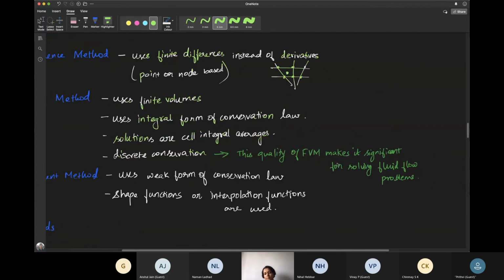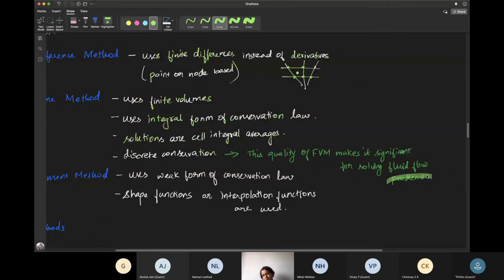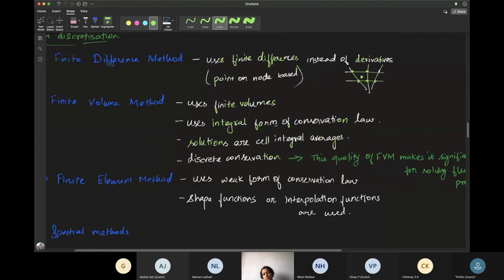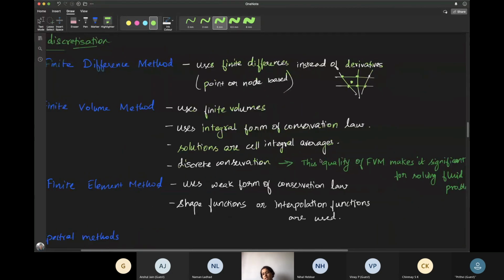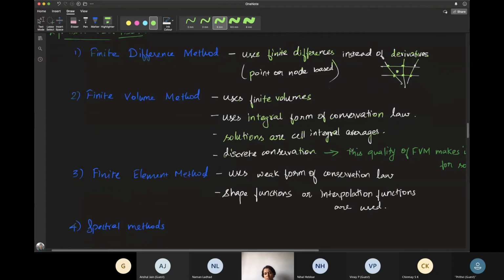So this quality of FVM makes it significant for solving fluid flow problems, because fluid flow problems inherently have conservative equations, and fluid flow phenomena follow conservation. So as the finite volume method has discrete conservation, it becomes a good choice for solving fluid flow phenomena.